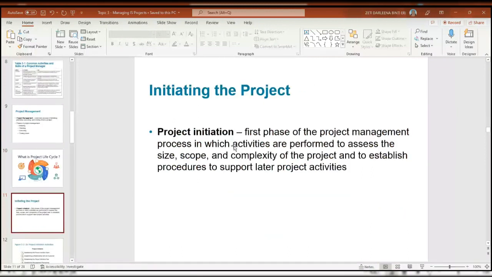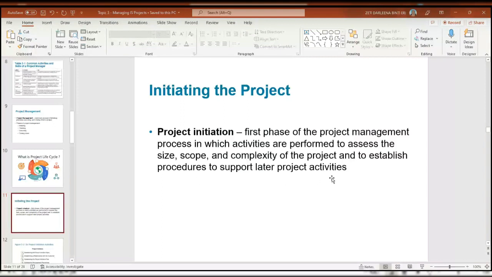So we look at the first phase, which is initiating the project. What is project initiation? Project initiation is the first phase of the project management process in which activities are performed to assess the size, the scope and complexity of the project and to establish procedures to support later project activities.